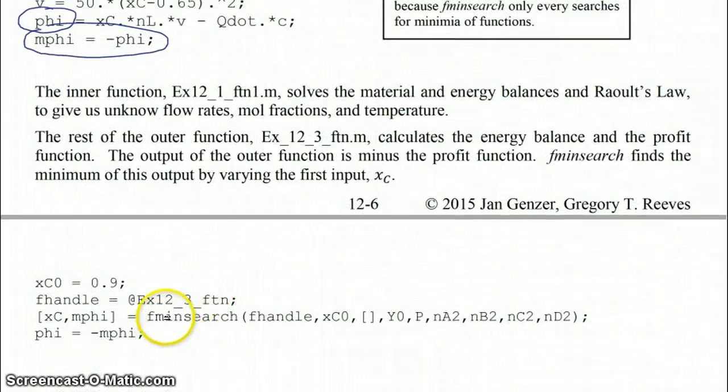Finally, at the end, fminsearch is going to spit out xc star, or the minimizer of the maximizer of phi, and it's going to spit out the value of minus phi, which then you can convert back into phi.